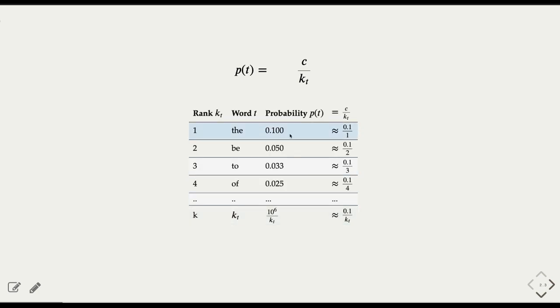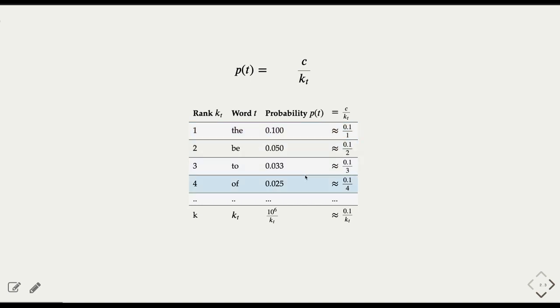Let's suppose the term "the" has 0.1 probability to appear. Then the term "be" has half that probability, which is about 5%. And then the third rank will have 1/3 of that 0.1 probability.